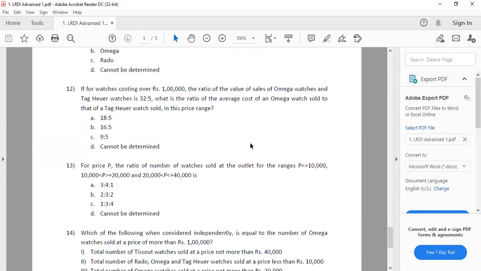So here it is additional info given, value of sales. Value of sales means the number of watches sold multiplied with the average price, okay? That ratio is given. So you have to tell me the average price ratio.